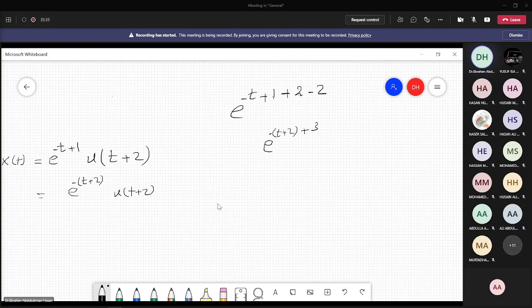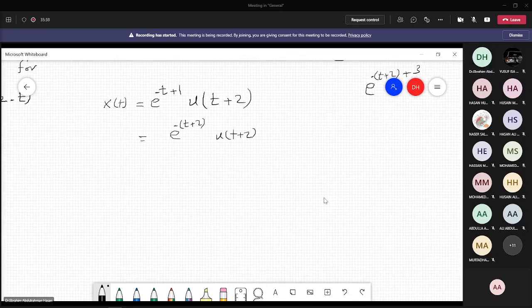So then this one is equal to e to the power of minus t plus 2 multiplied by e to the power of 3. Now I have a shift.